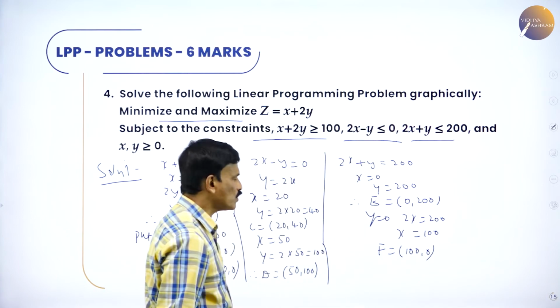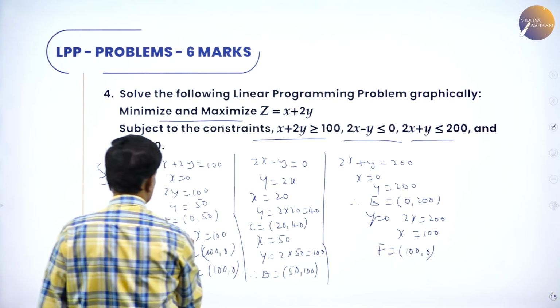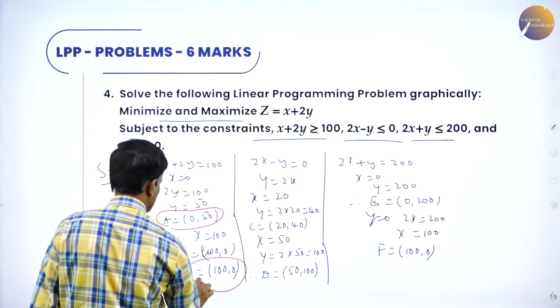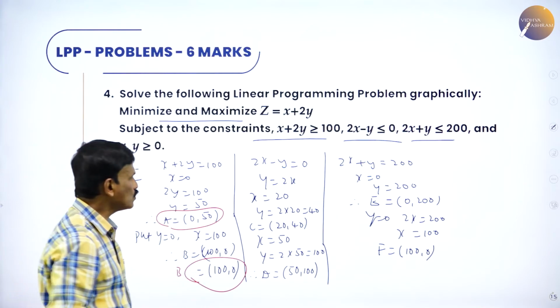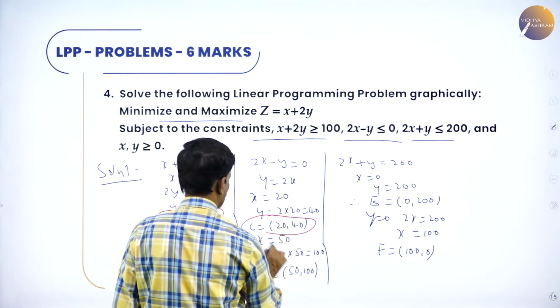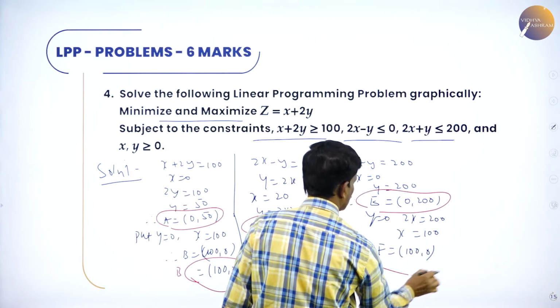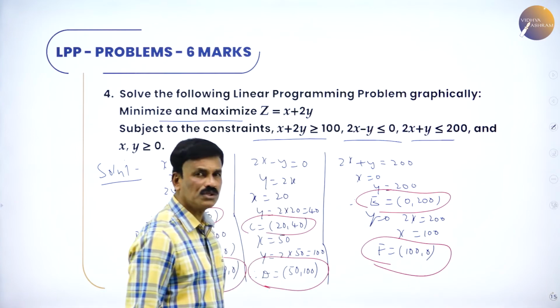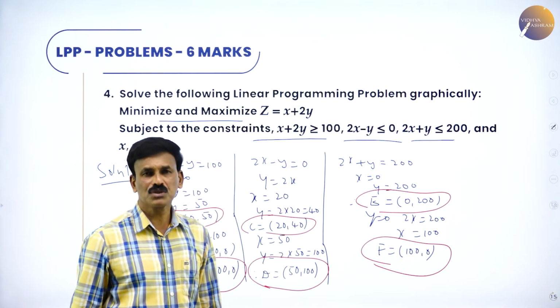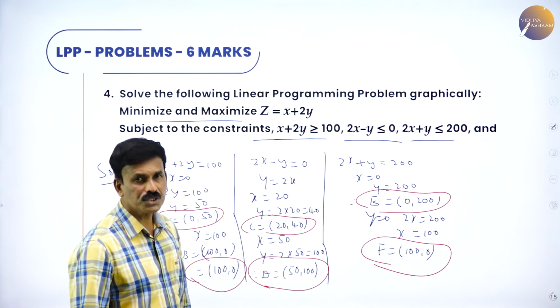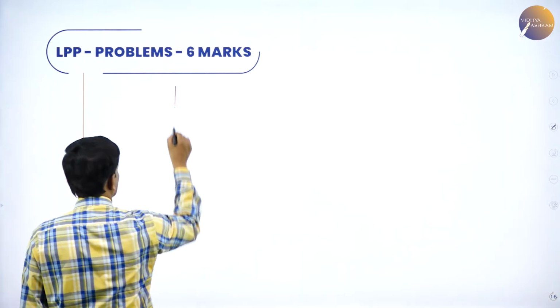So these are the points: A 0, 50; B 100, 0; C 20, 40; D 50, 100; E 0, 200; and F 100, 0. Let us represent this on a graph. Now take a suitable scale. Now I will draw the graph.